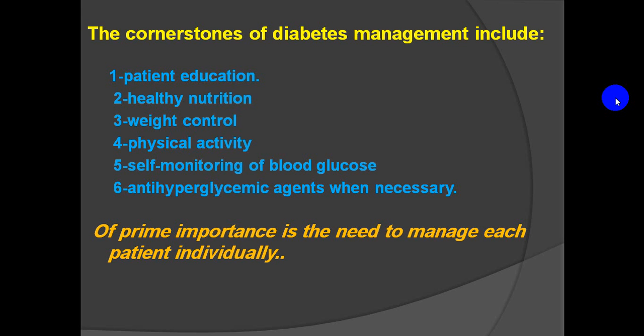Number 3, weight control is very important. Physical activity is one of the cornerstones of management of diabetes mellitus. Self-monitoring of blood glucose is also important. And anti-hyperglycemic agents when necessary.